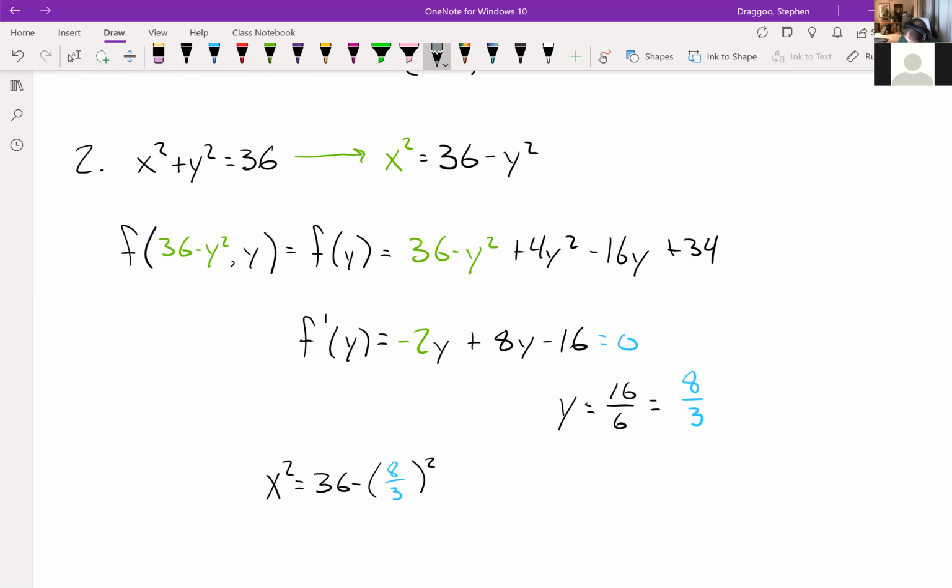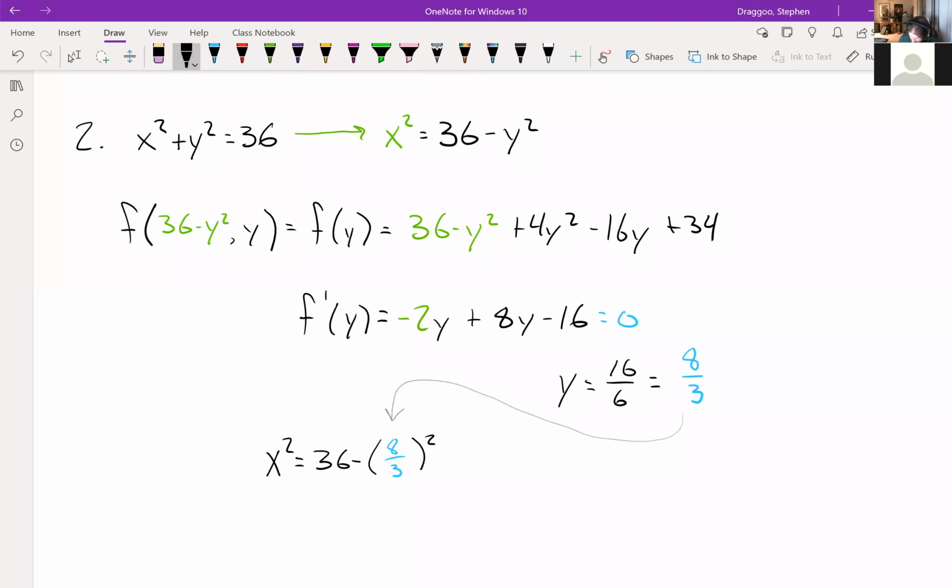If we just follow this thing over to here, that means that x itself is some ugly looking thing: plus or minus the square root of 36 minus (8/3) squared, which I went and got a decimal approximation for, plus or minus 5.3784.